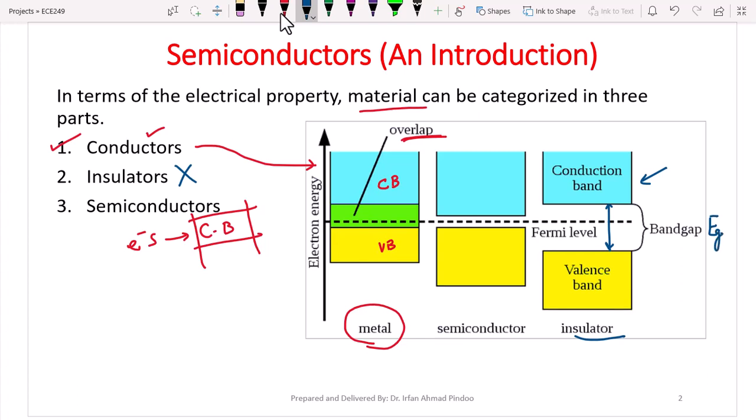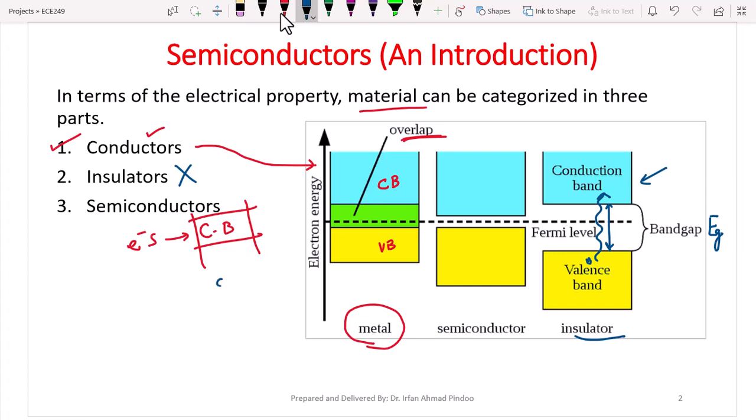This is a very high value. It cannot be fulfilled when we apply a voltage. The voltage is not enough for the electrons in the valence band to shift towards the conduction band. That is not possible. So that is the second extreme.